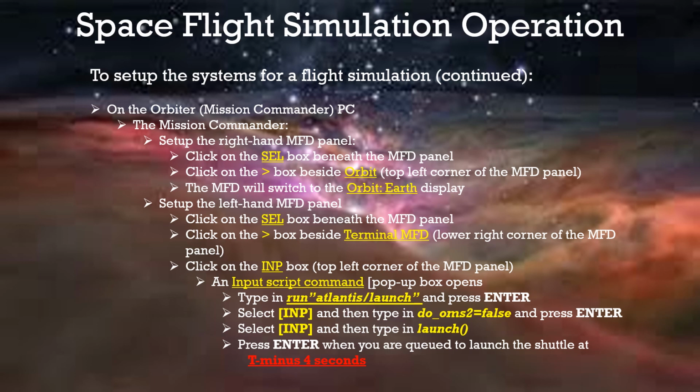Now in the terminal MFD, you should see the command echoed, and then you should see about 3 or 4 lines of green display that shows you that the orbiter program processed the command. Now, click the input again, get another pop-up box, and you'll type the command do_OMS2 equals false.